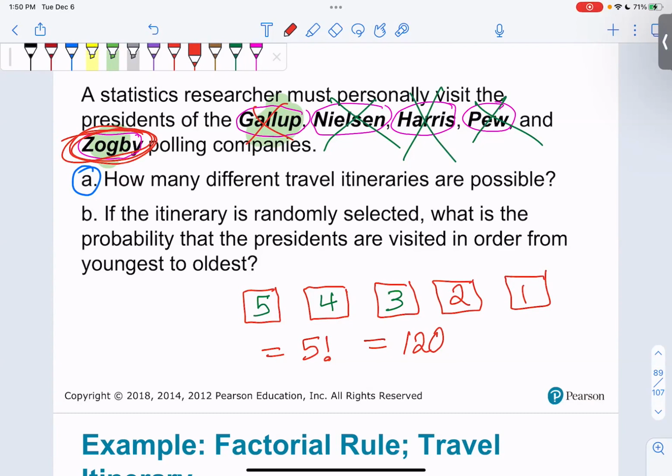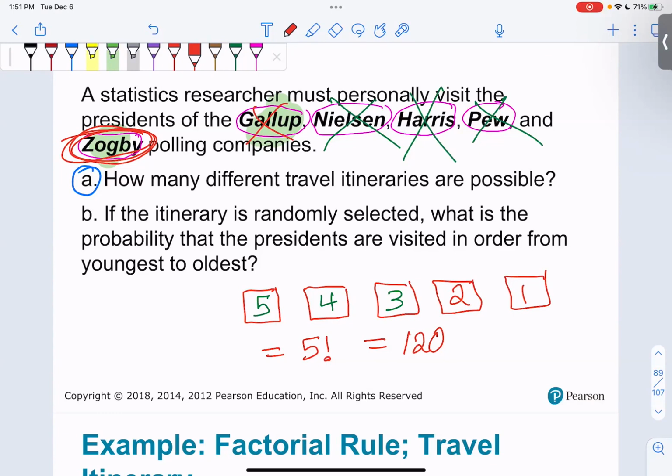When you said ways, I was imagining getting there by plane. Oh no! Different ways to choose, the number of orderings. Yes. So now 5 places, and it depends on the first choice, or the second, or the third. Okay, so he has 120 different ways to visit those companies.